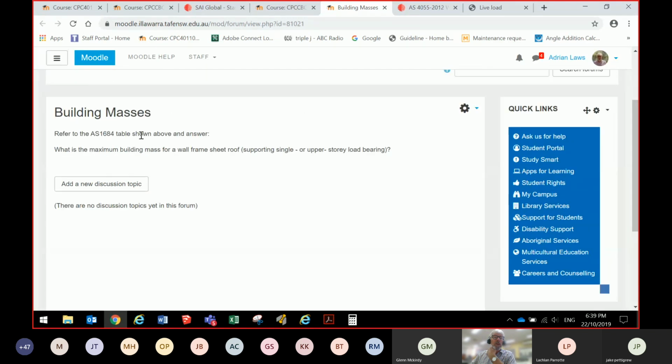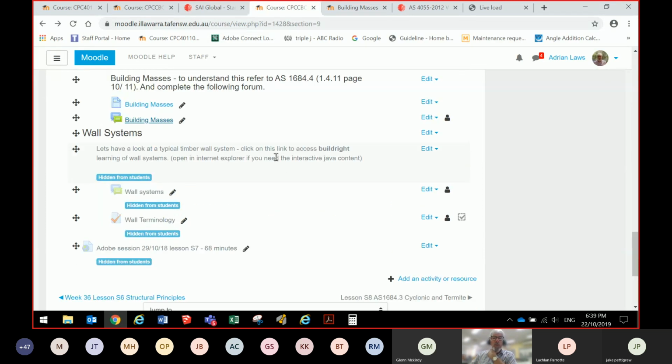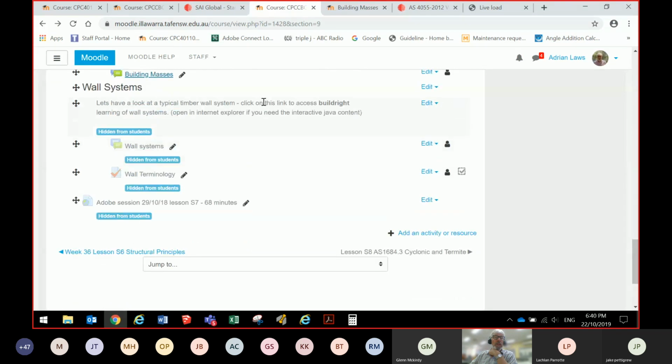Basically, if you go to 1684, and you're going to need to go to 0.4, and if you go through to 1.4.11, page 10 and 11, you'll be able to type in the answer there to that particular form and get yourself another little green box.